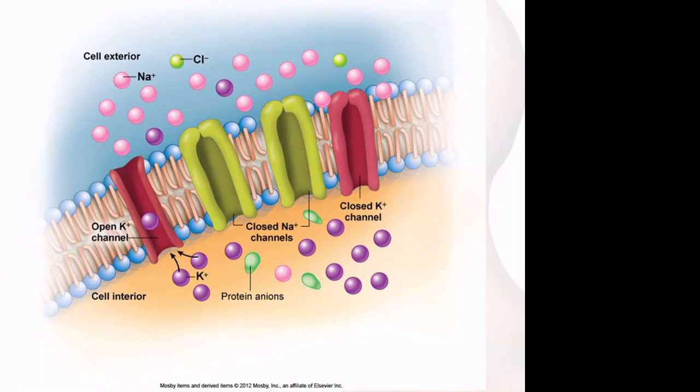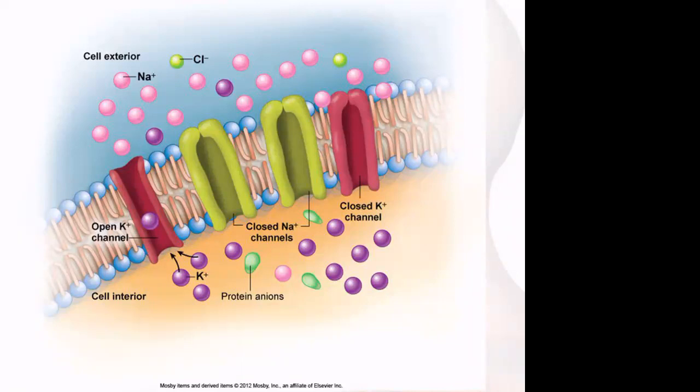And that sodium is going to want to kind of go onto the inside because there's a lot more sodium on the outside than there is on the inside. And if you remember, we talked about diffusion of particles wanting to go from where they are many to where they are few. So there's kind of this drive, the sodium kind of wants to go in that direction.